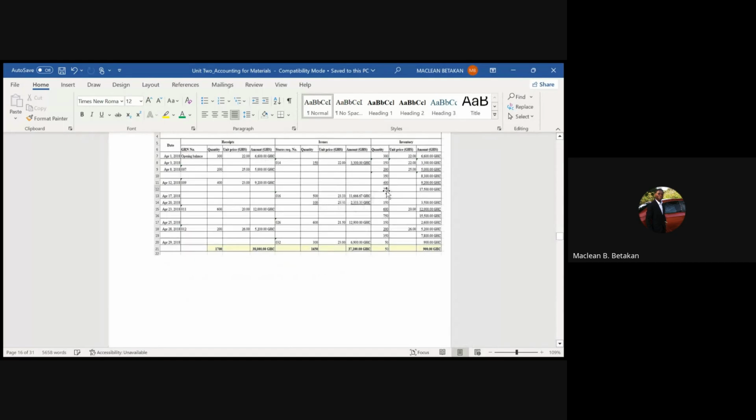So 750, 500 is gone, 100 is gone. So you are now left with what? 150. So the 150, how are you going to value the 150?